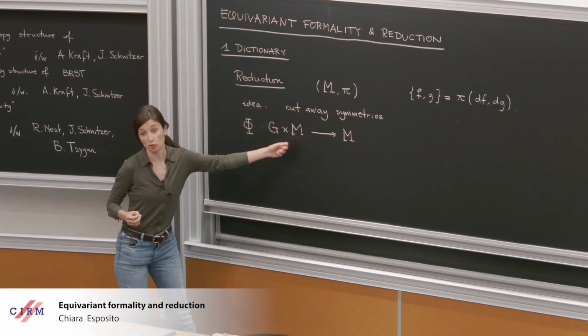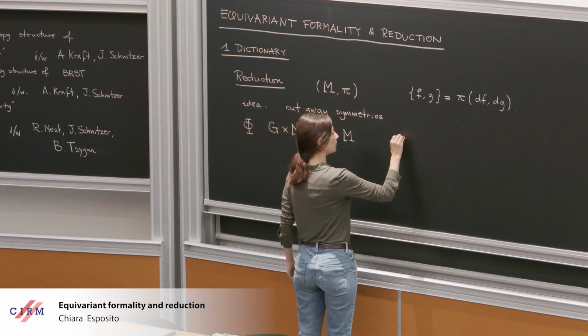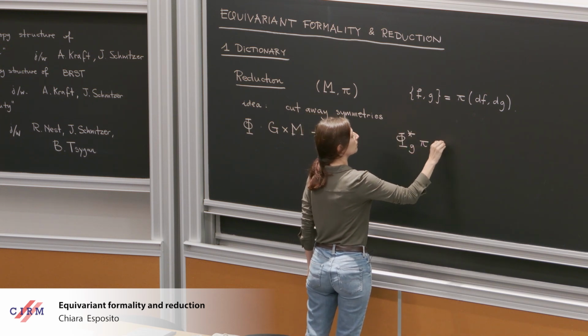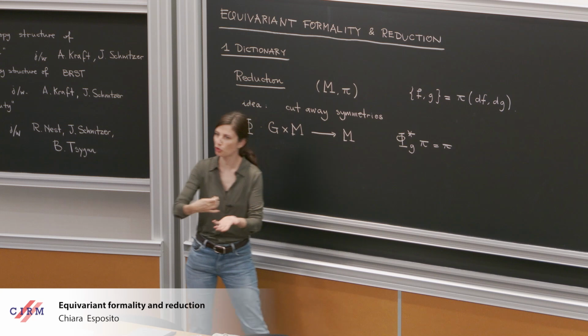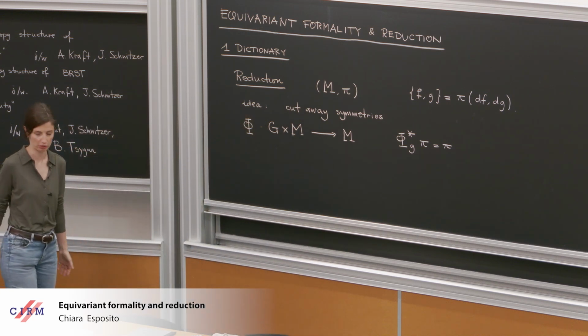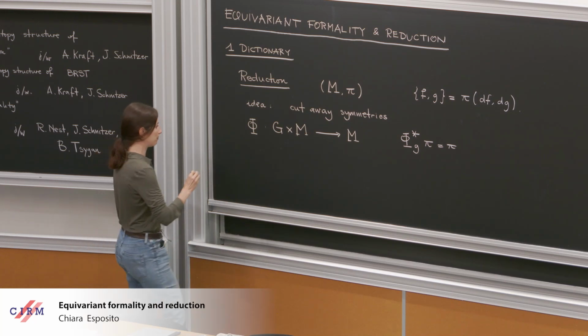And this action has to preserve my Poisson structure. So we're really preserving the dynamics in this sense. This is what I call a Poisson action. Plus, I need more. I need this action to allow a momentum map.